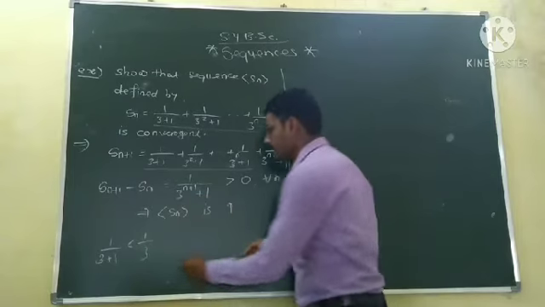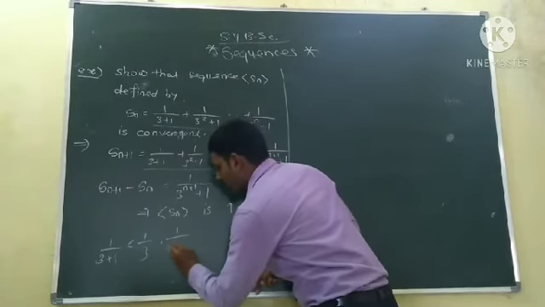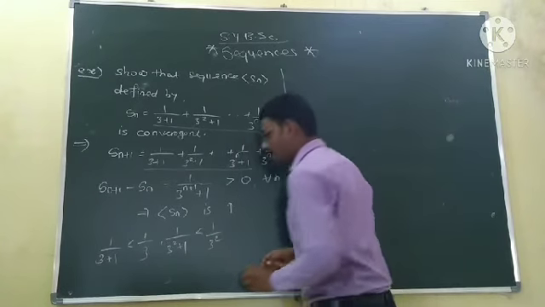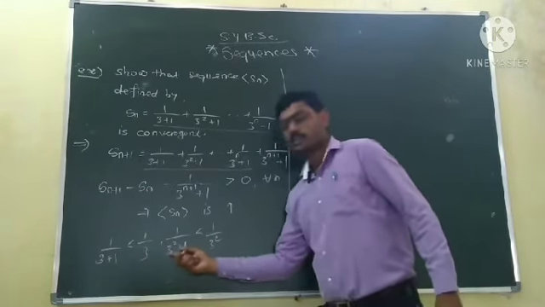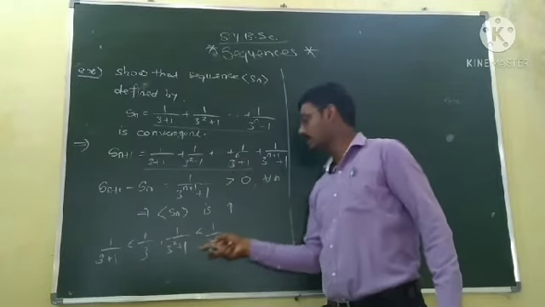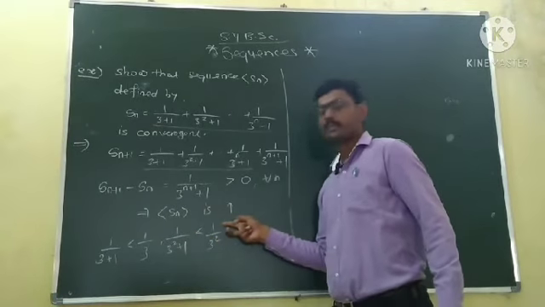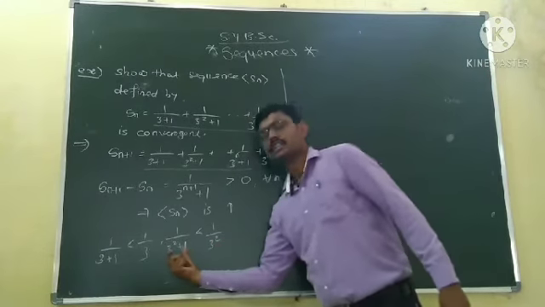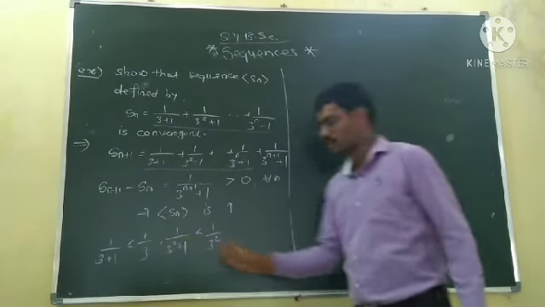Similarly, the second term 1 upon 3 square plus 1 is obviously less than 1 upon 3 square, because here the denominator is 3 square plus 1, which is greater than 3 square. Numerators are the same, so 1 upon 3 square plus 1 is less than 1 upon 3 square. Denominator is greater, the number is smaller.